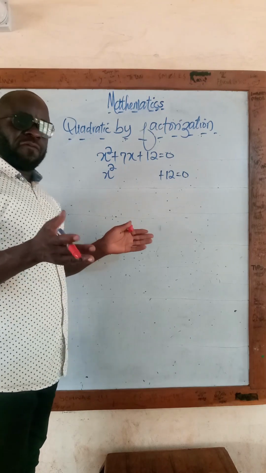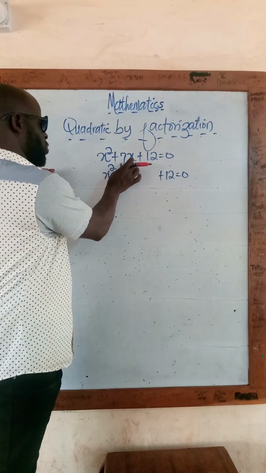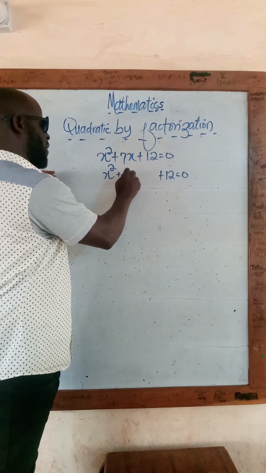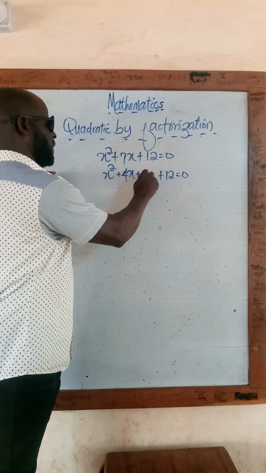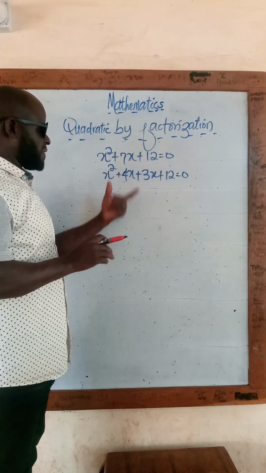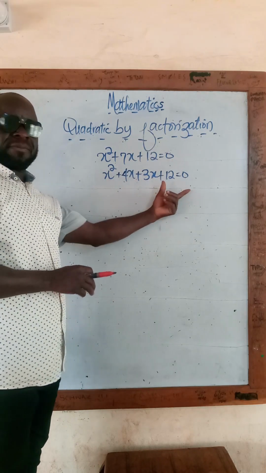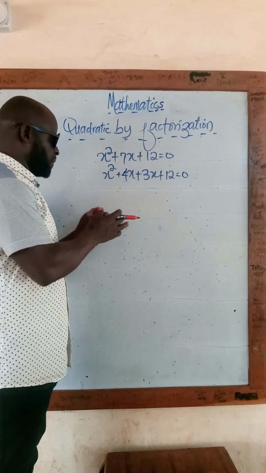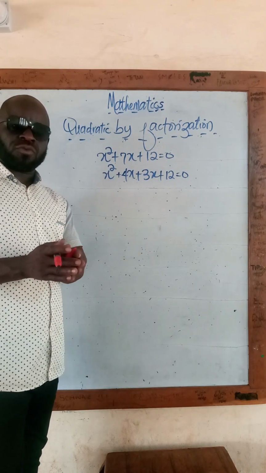So I think it's 4 and 3. So you will split 7x into 4x plus 3x. Now you have succeeded in generating 4 terms here: 1, 2, 3, 4. So you can actually group the 4 terms into 2.